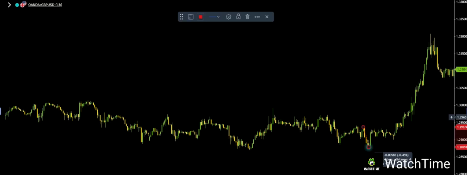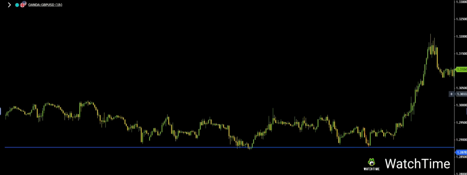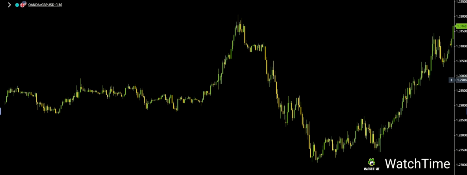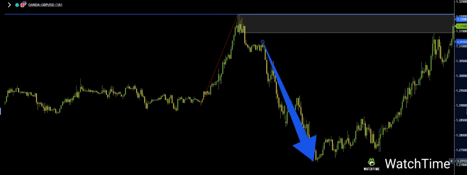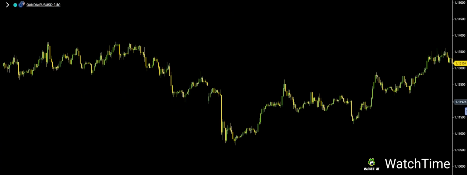Key sign: price reacts less and less with each subsequent touch. 2. Price moves beyond the zone before reversing. That's a red flag. If price pushes through the original demand or supply zone before reversing, even slightly, it suggests that the market is no longer respecting the original level. This could indicate a weak zone.